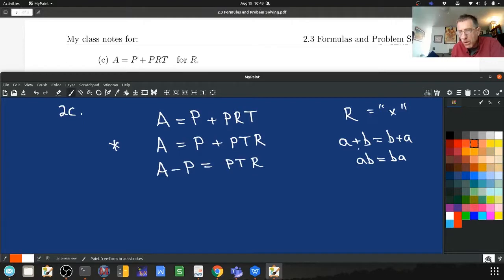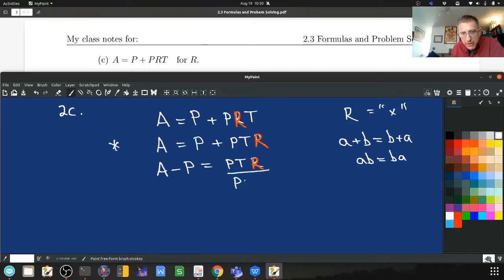Now if you have colored pencils and you like to work with them, you can always write your variable term in a different color if needed. And now it makes it really clear what you need to do. I have my constants over here and my variable term over here, so I know how many P times T R's we have, but I want to know how many single R's we have.